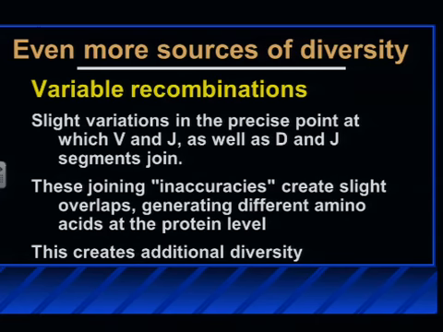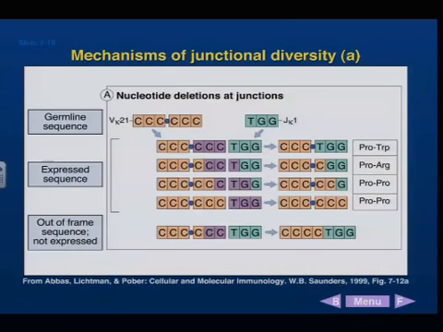So when you're making a key randomly, you're sitting there, and then somebody calls you, and you make a mistake. Well, that's just as random, even though you made a mistake, as the one you just made. So you keep that too. And these joining inaccuracies can sometimes create slight differences at the protein level.